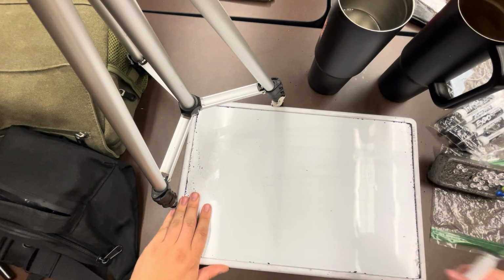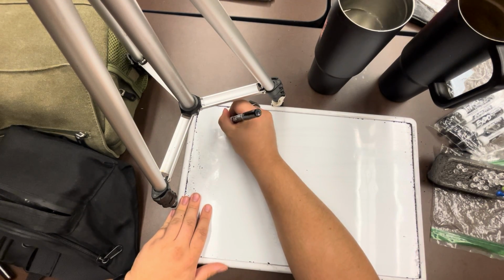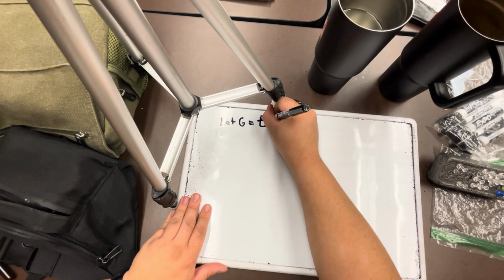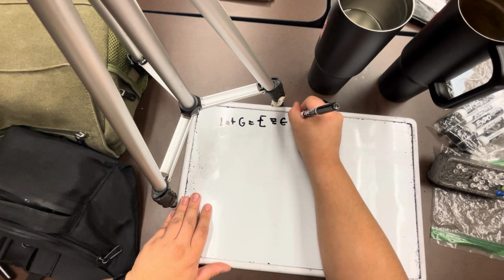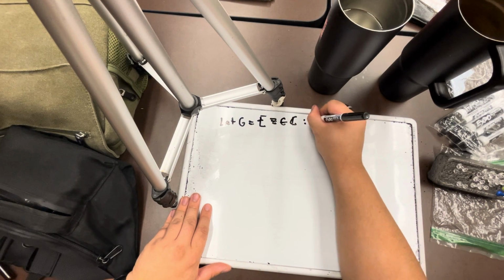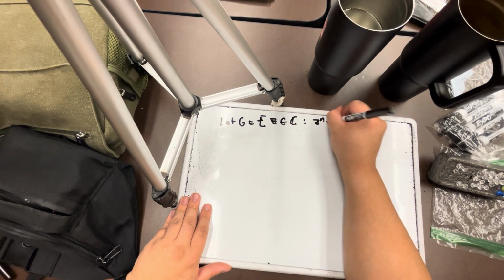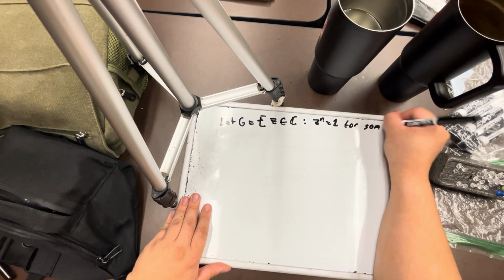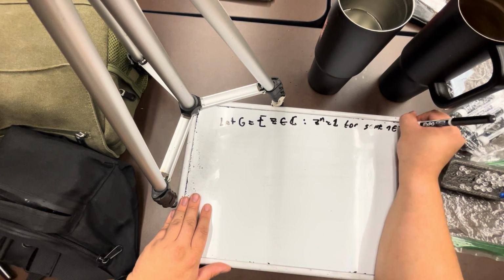Okay, so for exercise 19, let G be equal to the set containing Z within the complex numbers, such that Z to the n is equal to 1 for some n within the positive integers.